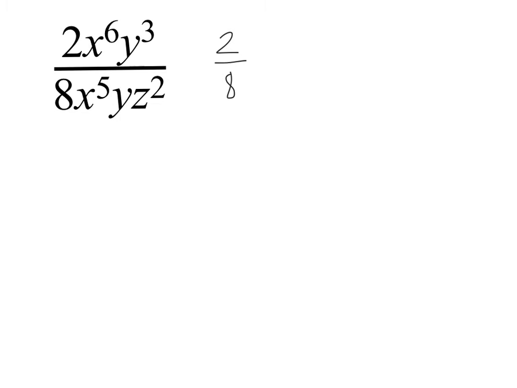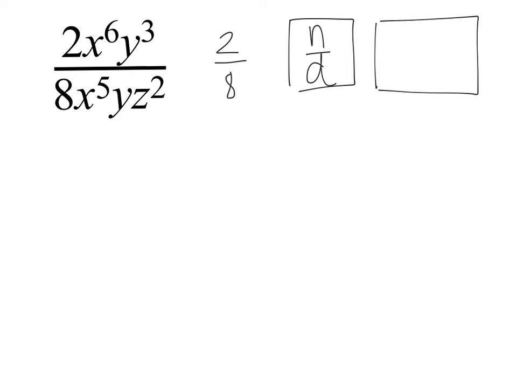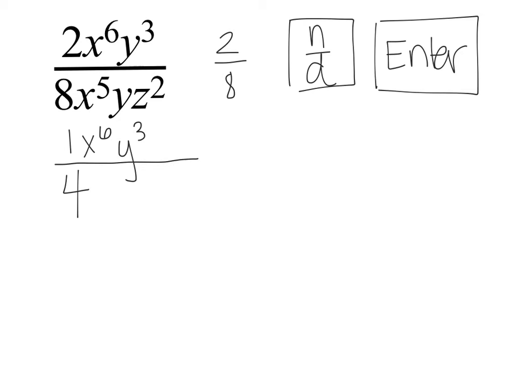If you put them in your calculator using the ND button and then pushing enter, it would simplify down into 1/4. So what you really have going on here is 1 x to the power of 6, y to the power of 3, over x to the power of 5, yz squared.